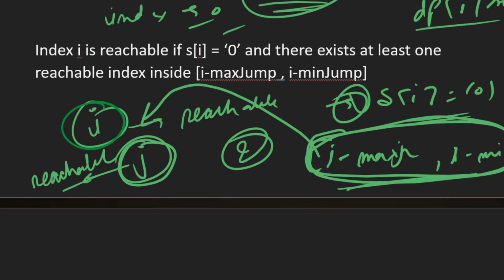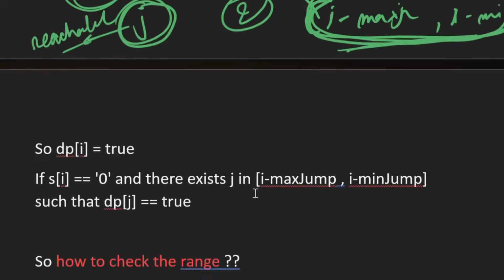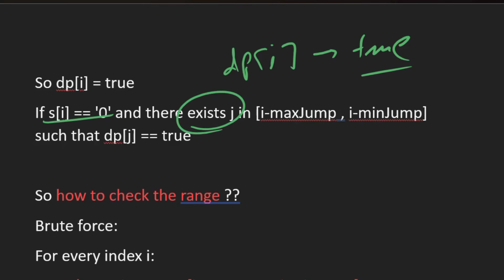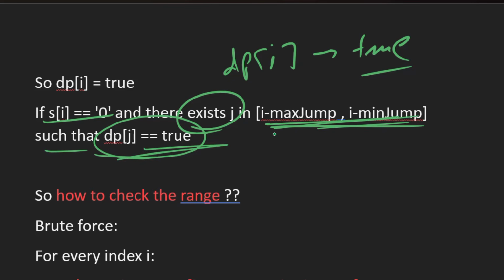So for index i to be reachable, the first condition is s of i is equal to 0, and there is at least one already reachable index in this range. That means to mark dp of i as true, s of i should be 0, and there exists an index j in this range such that dp of j is true, right? Then we can jump from that index j to index i.